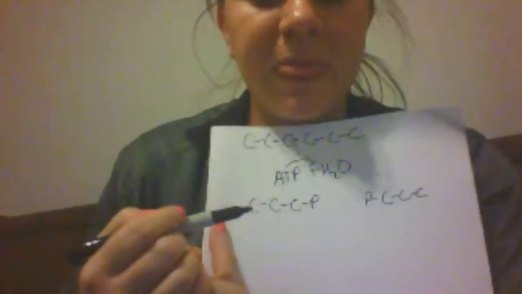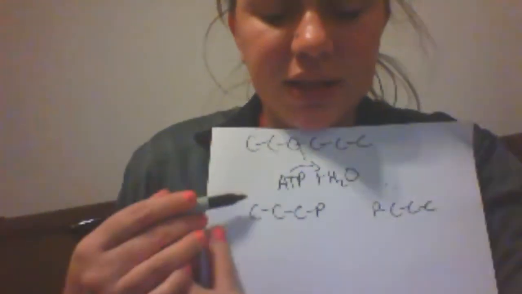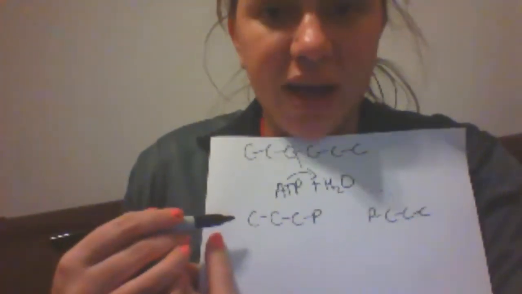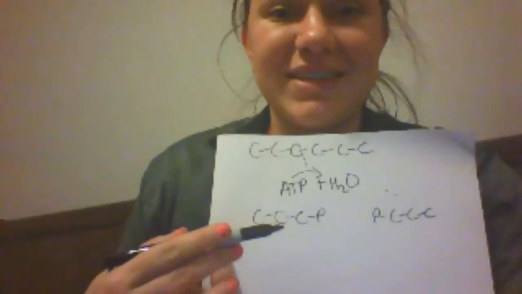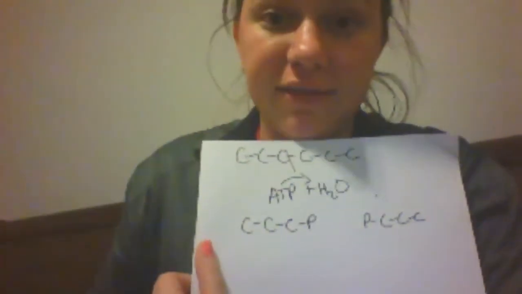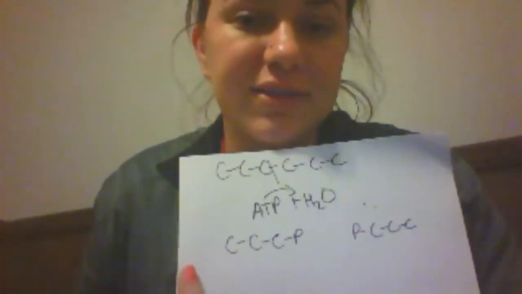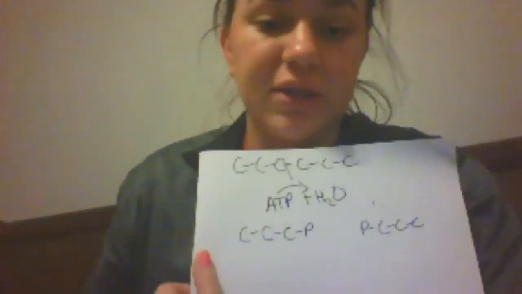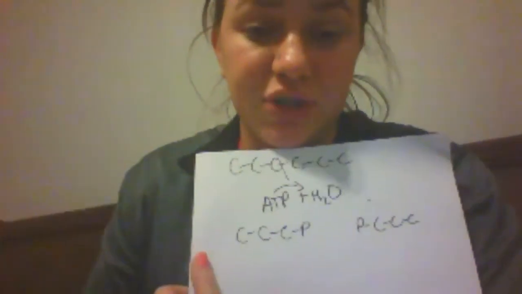What we end up getting is 2 3-carbons with a phosphate attached. This is your PGAL. Then we convert it again, do some more things, and eventually it becomes PGA, and then eventually it becomes your pyruvate. So PGA and PGAL are just other names for your intermediate steps to become sugar.